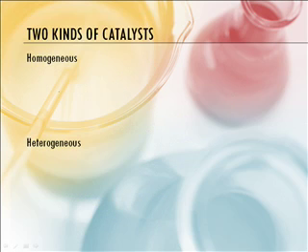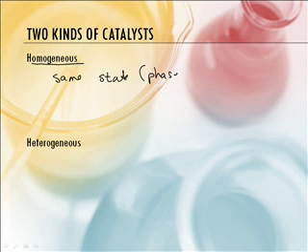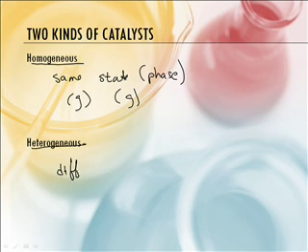All right, there are two kinds of catalysts. If we talk about the way catalysts actually work, there are homogeneous catalysts, which are in the same phase as the reactants, meaning the same state of matter: solid, liquid, or gas. If I have a catalyst that's a gas and the chemicals are gases, that's homogeneous. Heterogeneous means a different state.